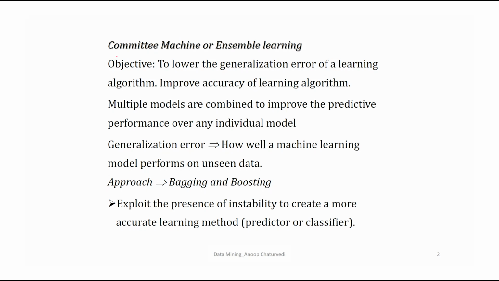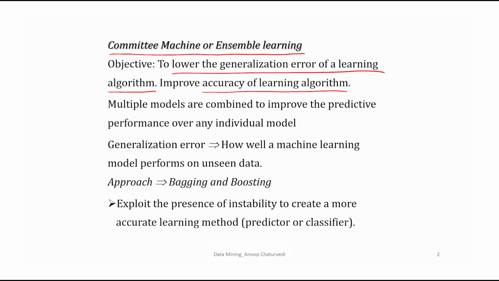Now, first we consider committee machine or ensemble learning. The basic objective of committee machine is to lower the generalization error of a learning algorithm and to improve its accuracy.